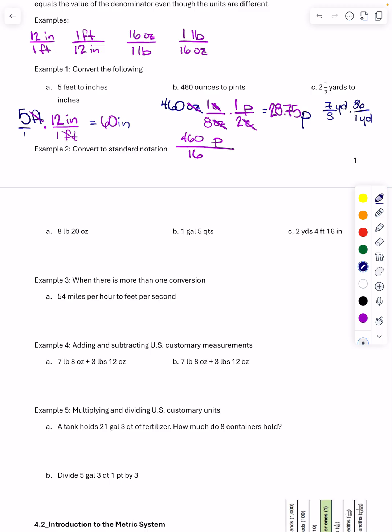My 36 inches goes in the numerator. My yards cancel. And I also remember that I can write 36 as 3 times 12. So I'm going to write it that way and cancel these 3's, which gives me 7 times 12 inches, or 84 inches.